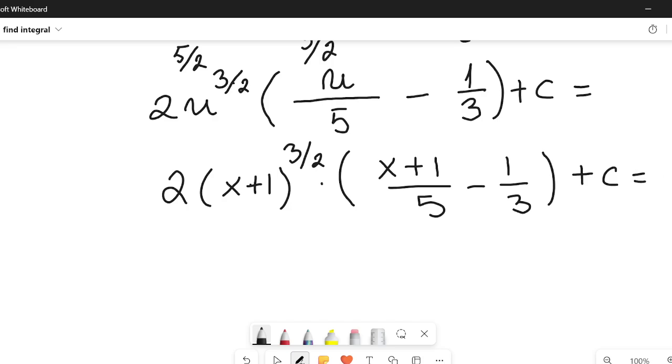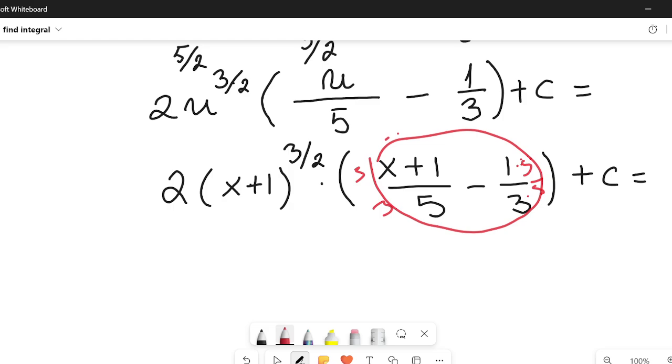And if I calculate this part right here inside the parentheses, we can multiply here by 5, here by 5, and here by 3.